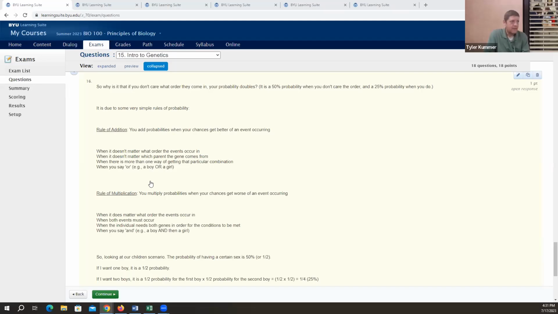So let's say we want to get a boy and a girl out of our first 2 children. Well, what's the probability that we're going to have either a boy or a girl as the first child? It's 100%, right? And then what's the probability we will then get the opposite? Now that's going to be a little bit tricky.